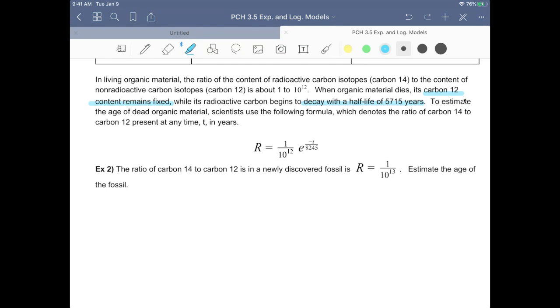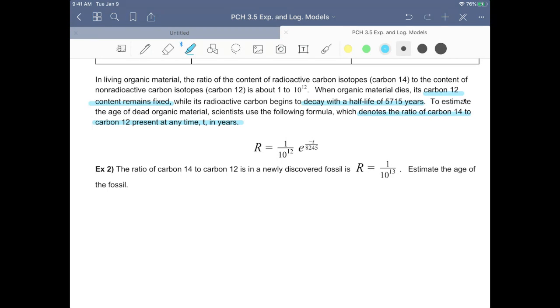To estimate the age of dead organic material, scientists use the following formula, which denotes the ratio of carbon-14 to carbon-12 present at any time. So the ratio is equal to 1 over 10 to the 12 times e to the negative t over 8,245.